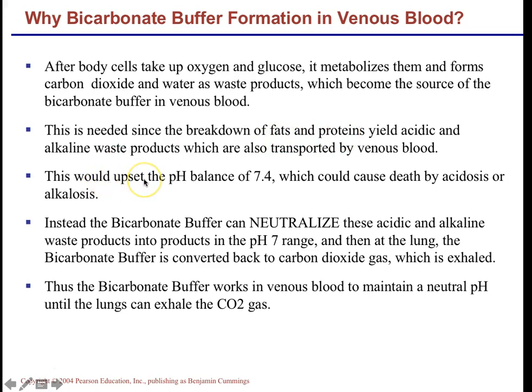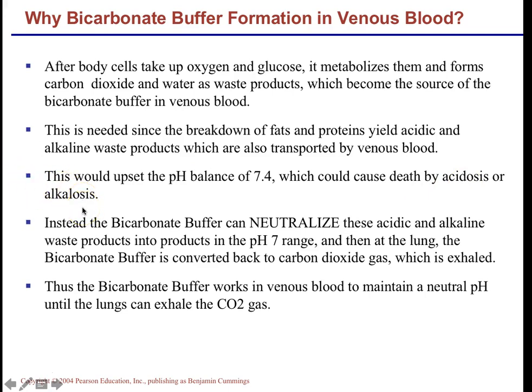Now, the breakdown products are acidic and alkaline enough to throw off the pH balance of 7.4, and that can be lethal because if it wasn't buffered, if it wasn't neutralized, these can cause acidosis or alkalosis, which can be fatal.